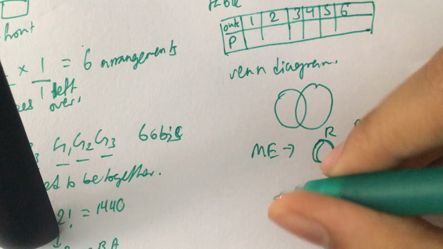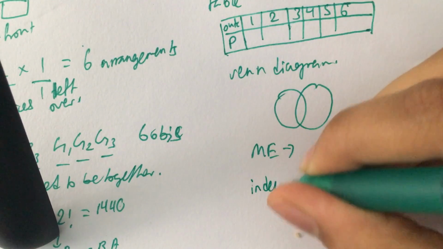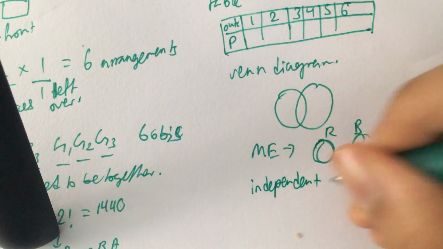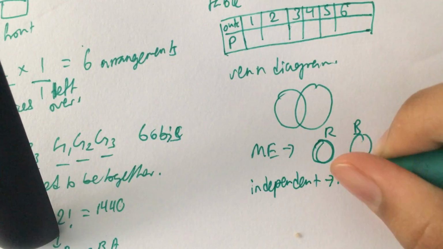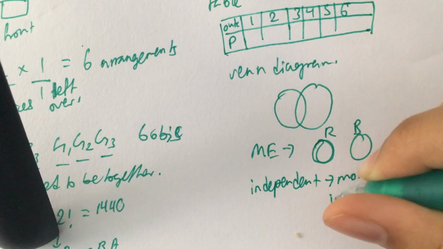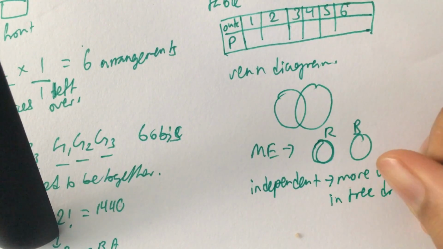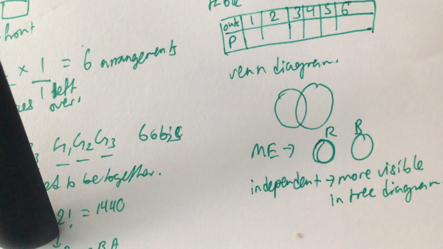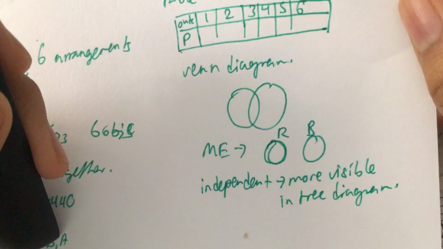When it's mutually exclusive, red and blue do not intersect at all. So the intersection is zero.